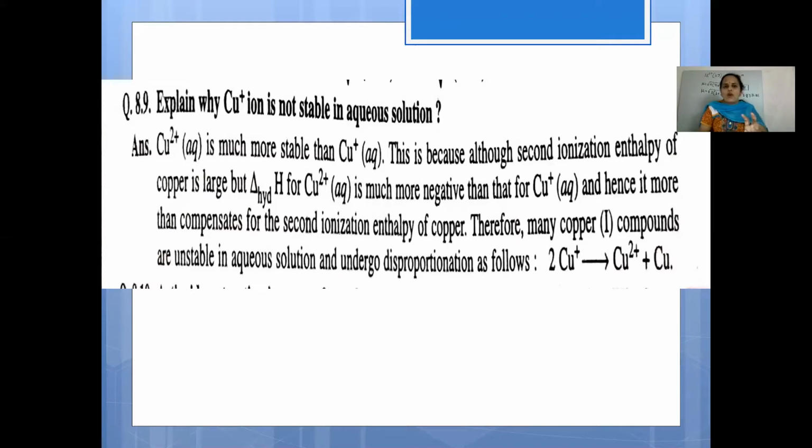Therefore, copper(I) compounds are unstable in aqueous solution and they undergo disproportionation. See the reaction: 2Cu+ goes to Cu2+ plus Cu.